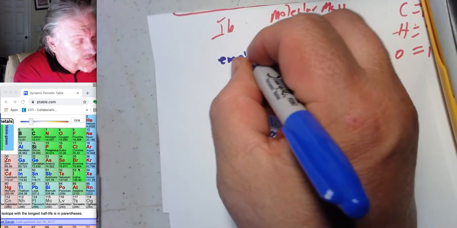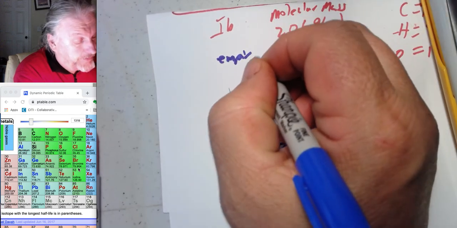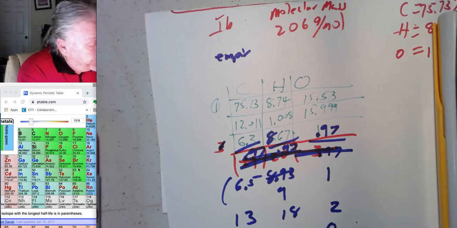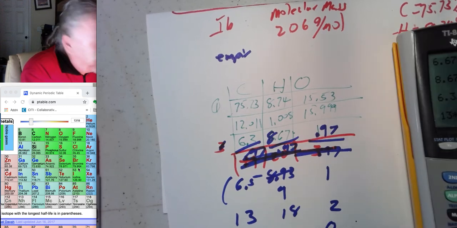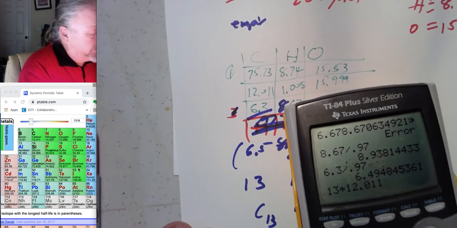Now let's see if that's going to give us the right molecular, or the empirical formula mass. Let's see what that is. It could be the actual formula, or this could be the actual formula. So I've got 13 carbons times 12.011. Where did I get that from? I got that from the periodic table.